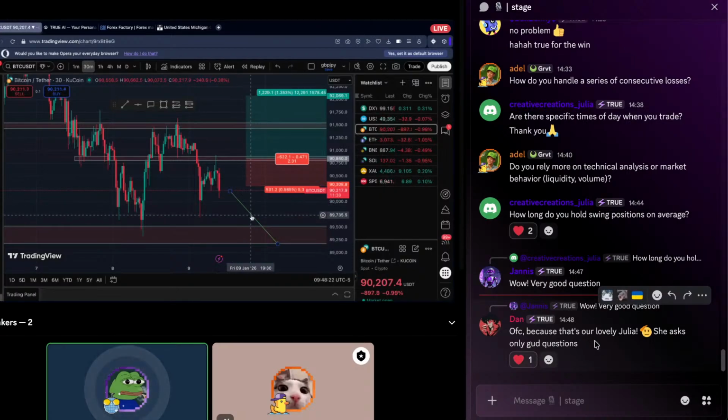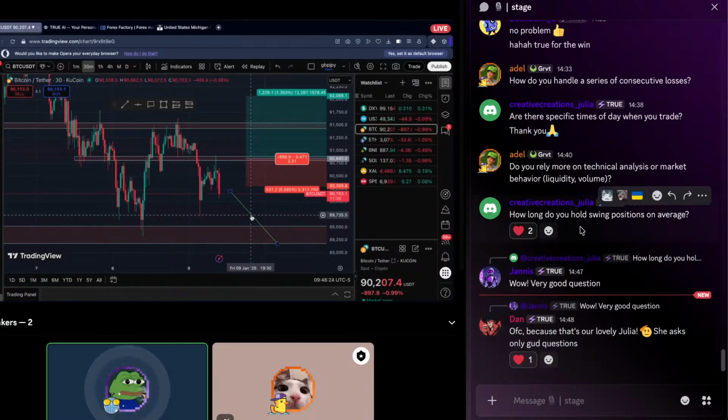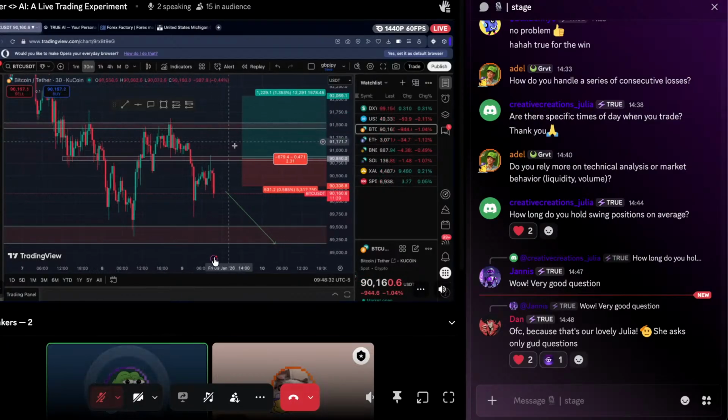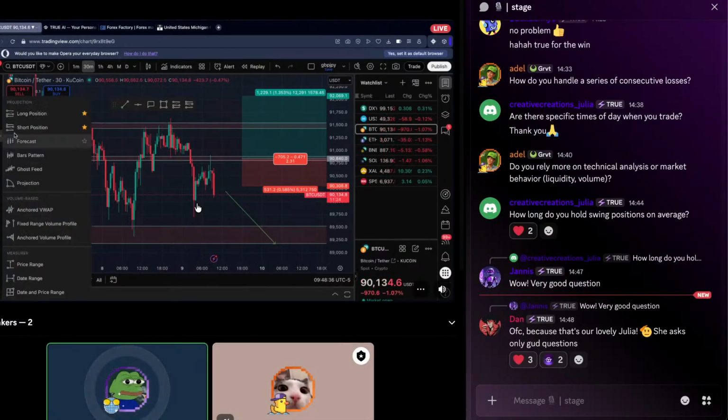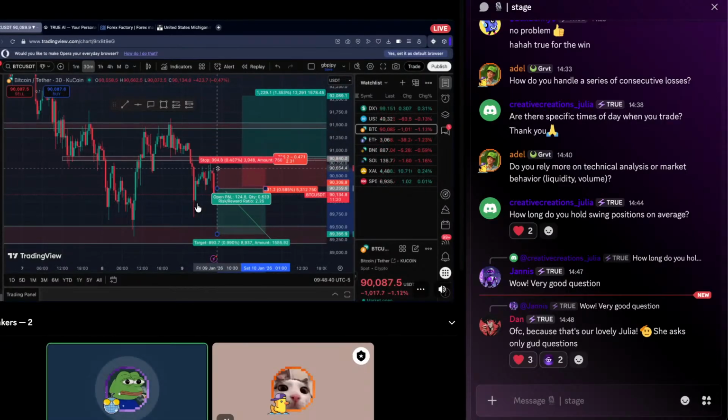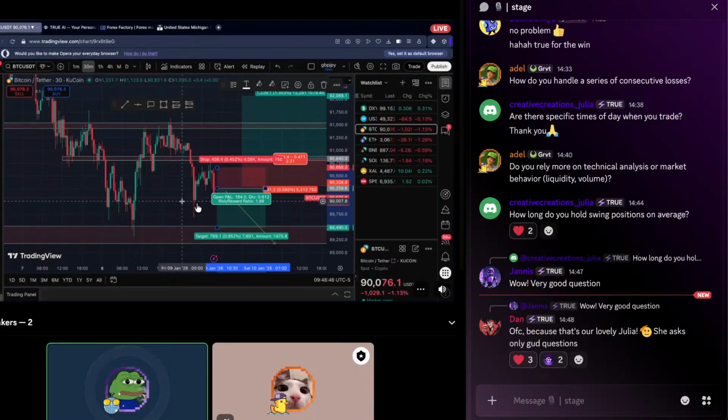You take the ones that have the highest setup, the highest possibility of actually working out. But if anybody does want to short, we are breaking below this block, you could potentially take a short from here, have your stop loss above this candle, and you could be targeting 89,500.